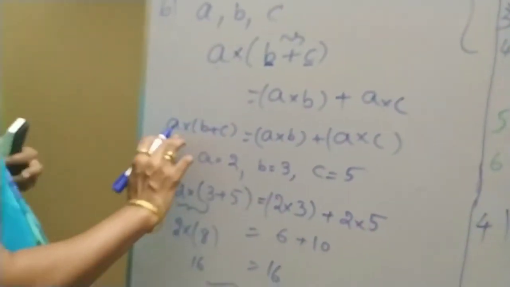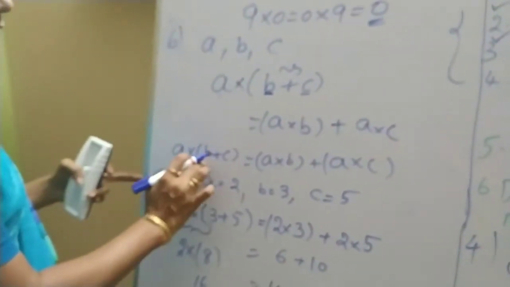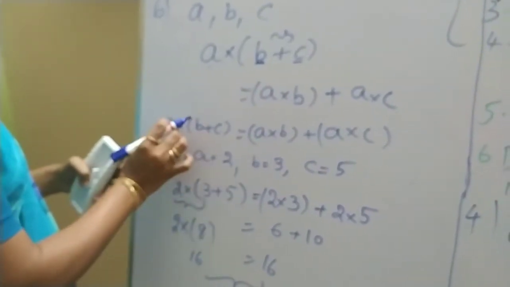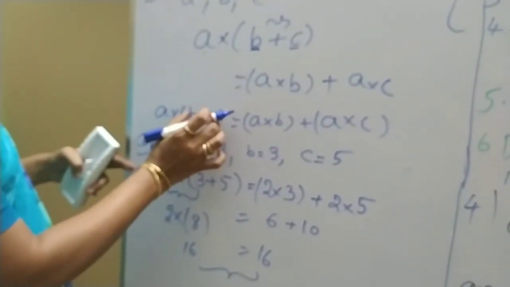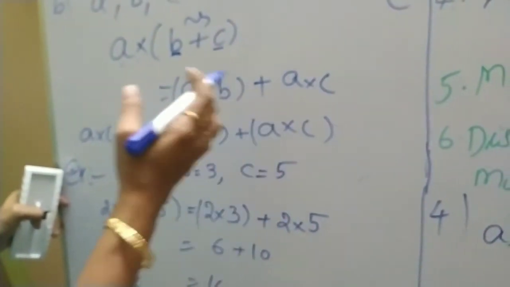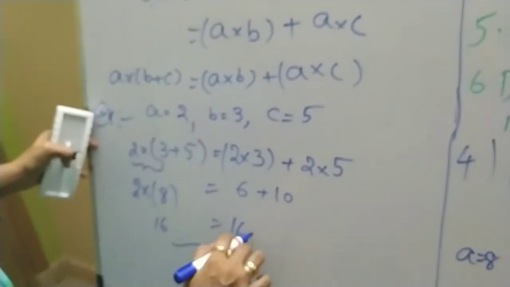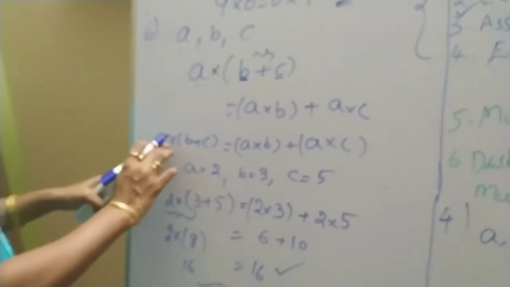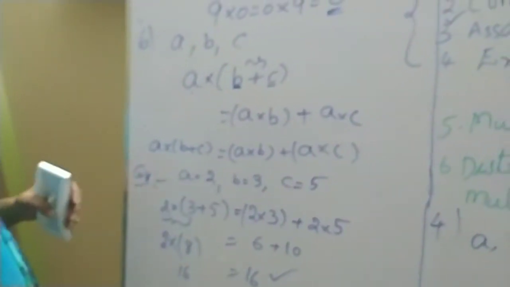That is distributive law of multiplication over addition. If you multiply any number with the sum of two numbers, or multiply individually those numbers and add, at that time also you will get the same number only, that is also a whole number. That is distributive law of multiplication over addition.